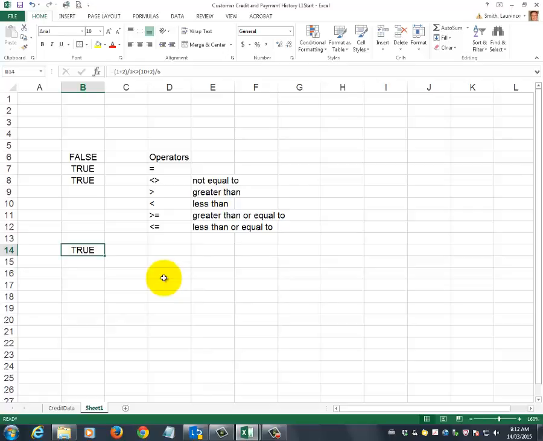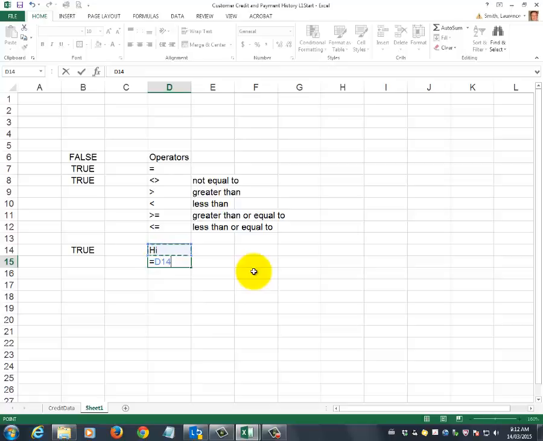You can also use text. If I was to go over here and type the word hi, that's a piece of text, and I go equals D14, meaning, in this true-false world, is D14 equal to hi?